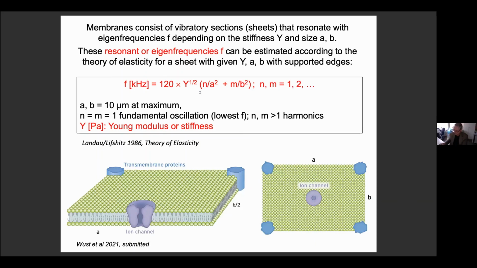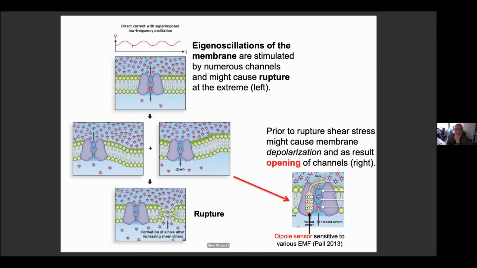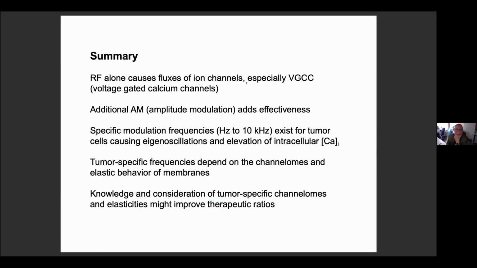Now I'm ready. Summary. Radiofrequency alone causes fluxes of ion channels, especially for voltage-gated calcium channels. Additional amplitude modulation adds effectiveness. Specific modulation frequencies in the range hertz to 10 kilohertz exist for tumor cells, causing eigen oscillations and elevation of intracellular calcium.